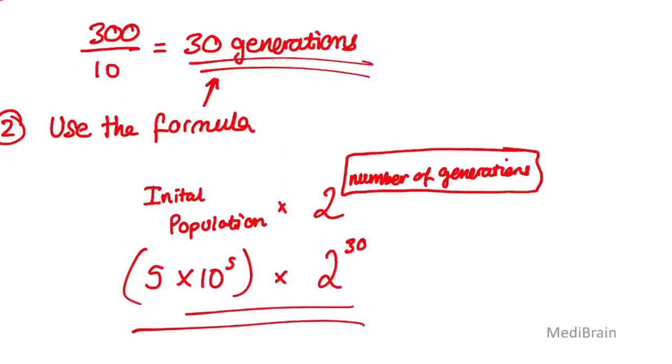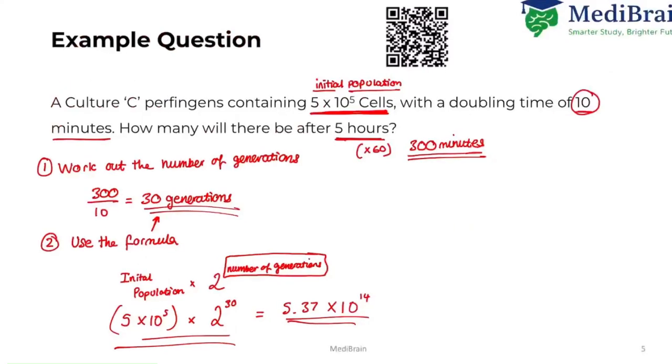Okay, and it didn't say a specific number of figures, so you could have just left it as 5.37 times 10 to the 14, or you could have left it with 5.4 times 10 to the power of 14 as well.